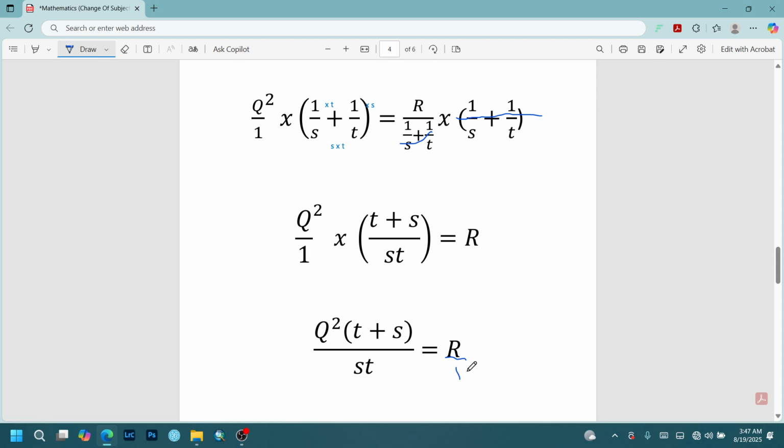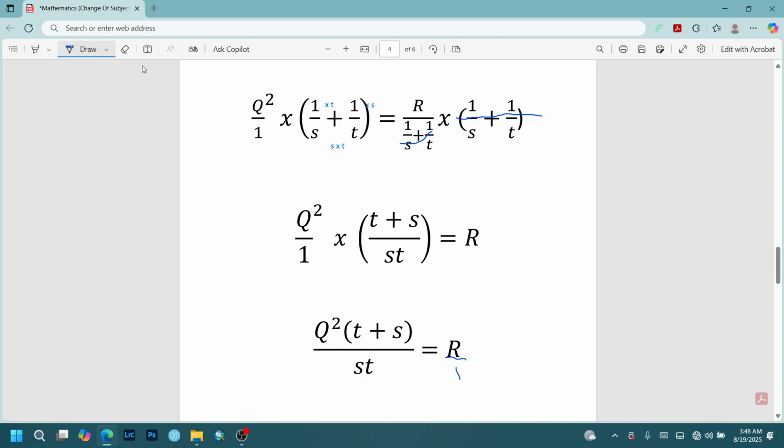So you cross multiply with the numerators and the denominators without multiplying the denominators afterwards, right? So this one will multiply k square times, or k square multiplying t plus s, all in brackets, and this st will multiply r, right?